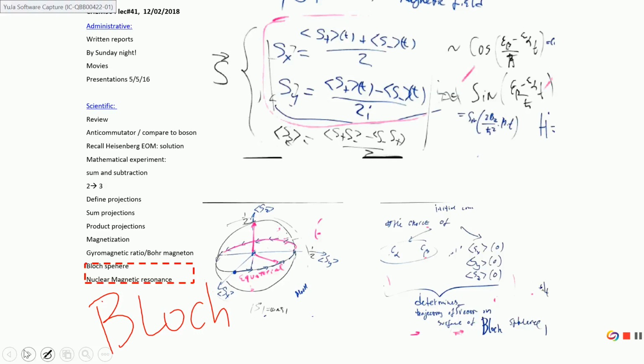of a globe, depending on the external conditions like the static and oscillating magnetic field. Magnetization will keep the length of this arrow, but will be oriented differently. And if you solve for this creation and annihilation operator, which is like the simplest possible differential equation, one will get that the x projection will be like cosine, y projection will be like sine, and the z projection will stay constant.